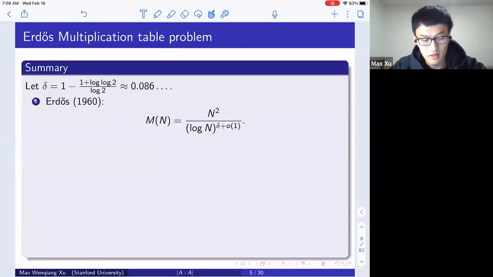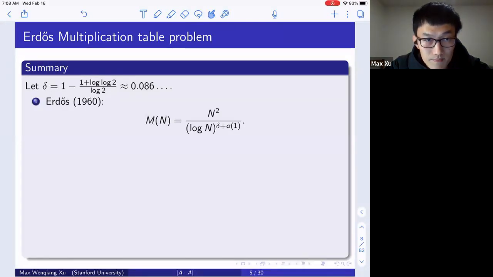So let me give a quick summary of this problem. Let delta be the constant 1 minus (1 plus log log 2) over log 2, which is approximately 0.086. And Erdős in the 1960s proved that M(n) is n squared over (log n) to the delta, up to a little o(1) factor in the exponent.